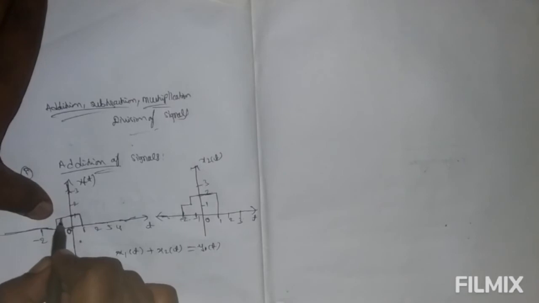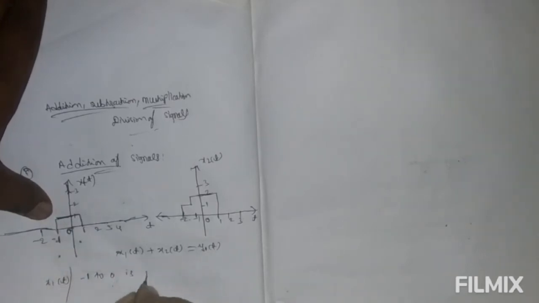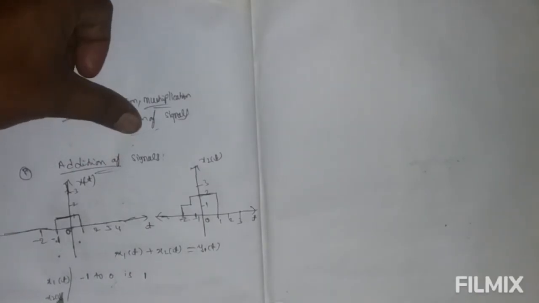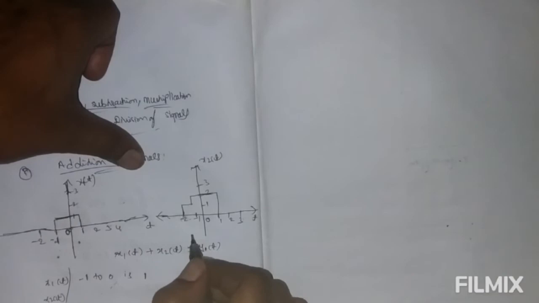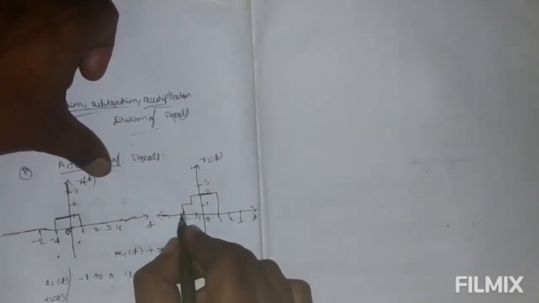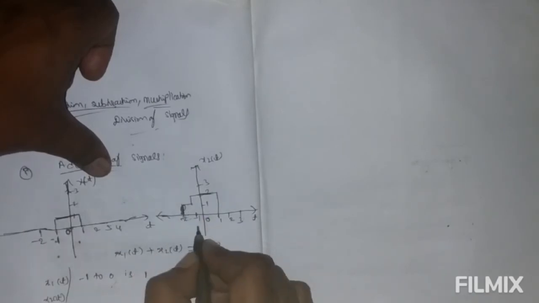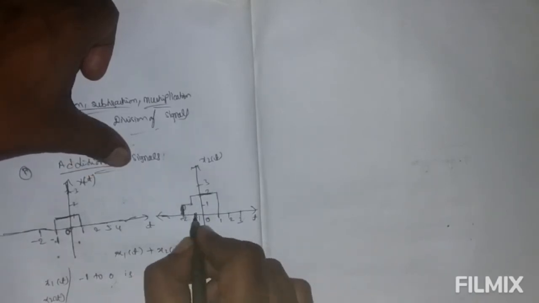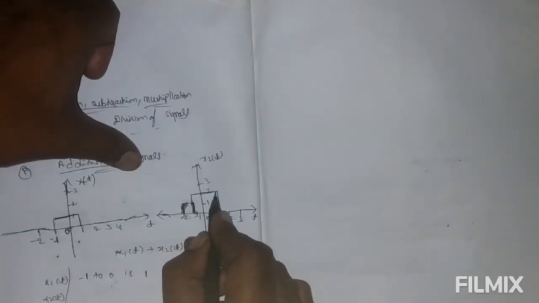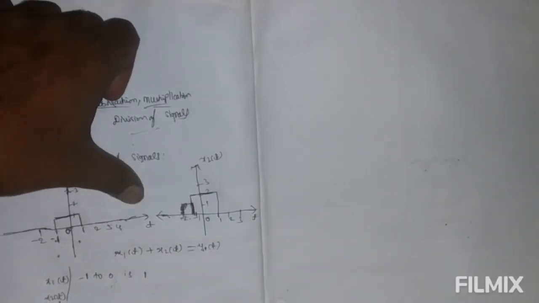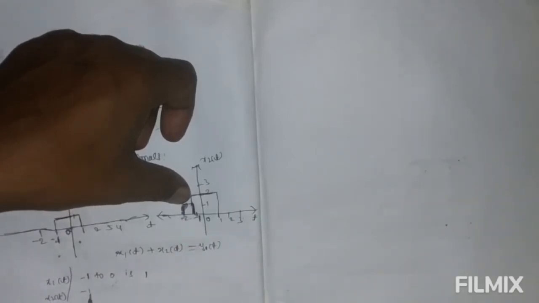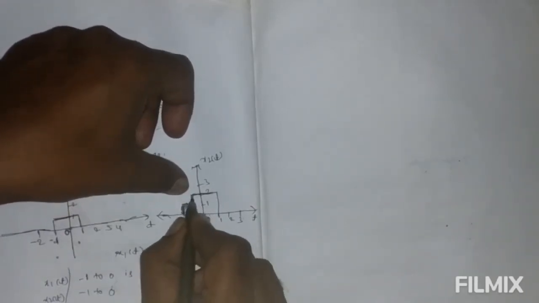Similarly for x2 of t, the value between minus 1 and 0 is 2.